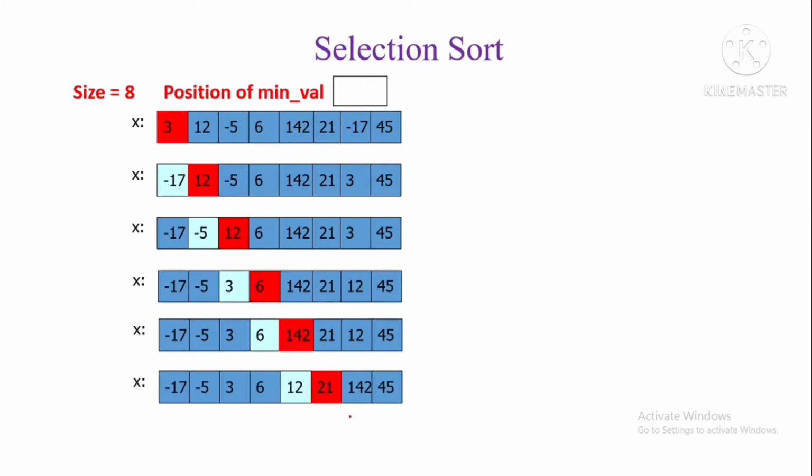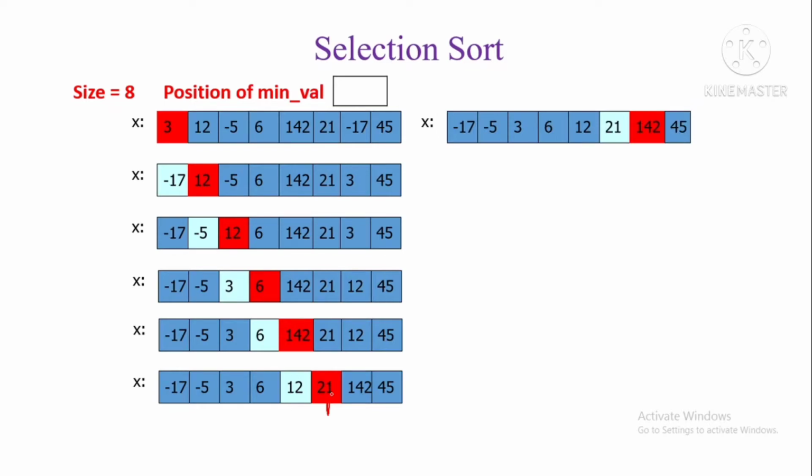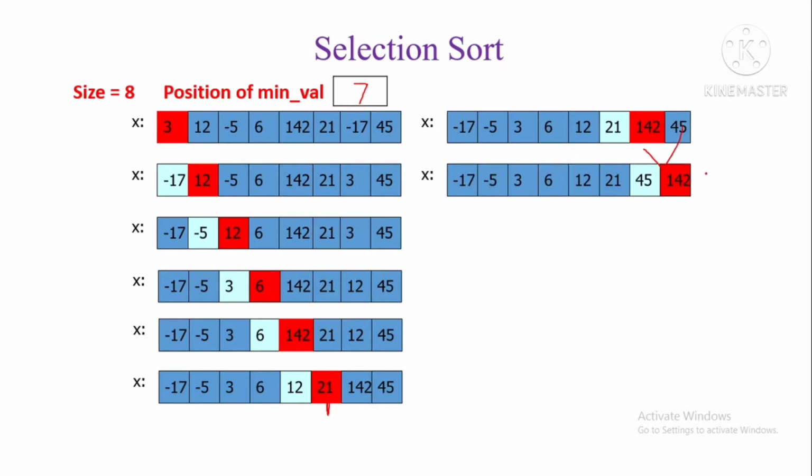Okay, so that is what we have done. Again this element is compared with the remaining elements. So 21 itself is minimal, so that will keep its place, and then 142. Okay, 7 will be stored here, and 7 is compared with the next element, and then 45 will come here.